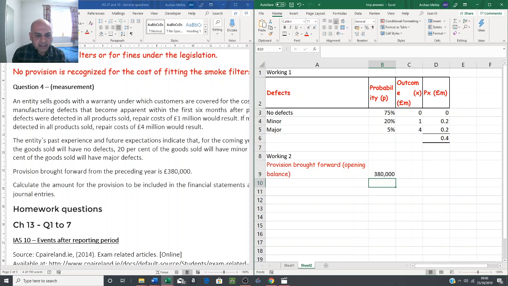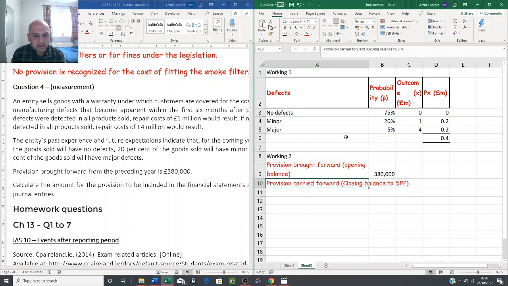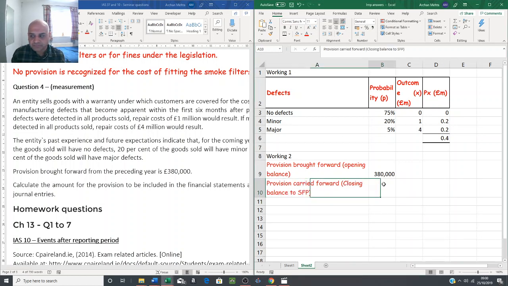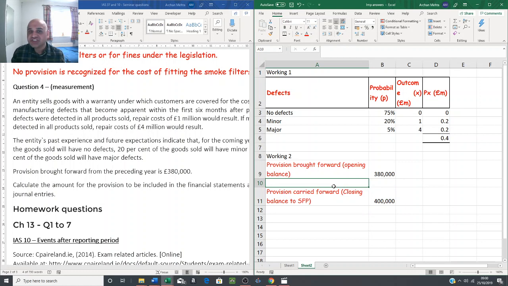And then if we leave one line, we say provision carried forward or closing balance, and that is 400,000. Oops, I didn't leave one line, did I? So let's leave one line here, and that will give us the change.